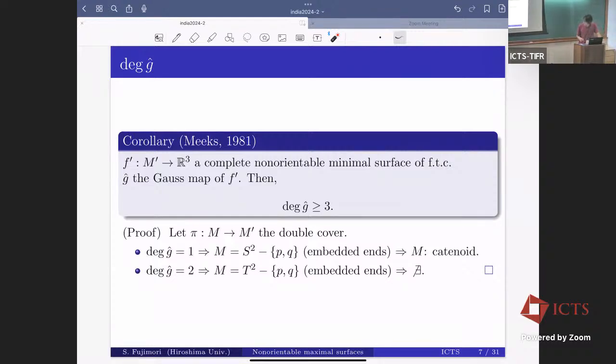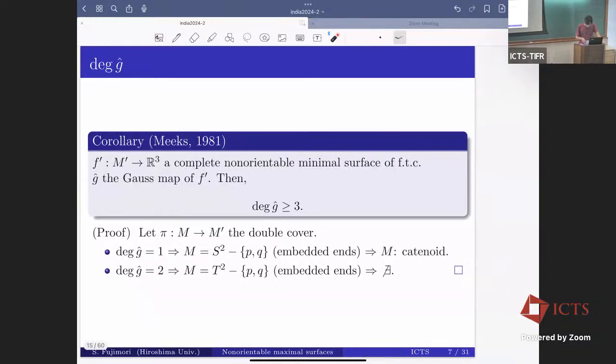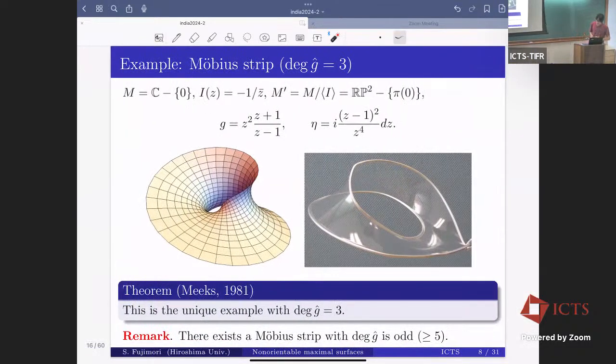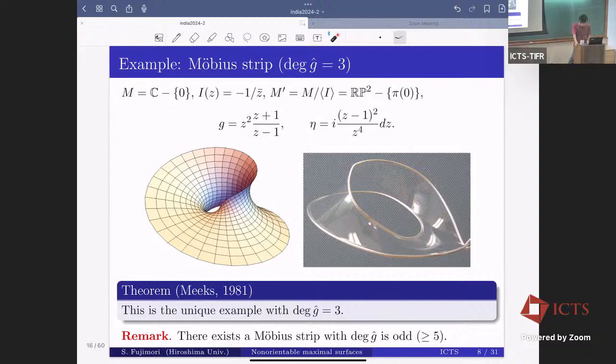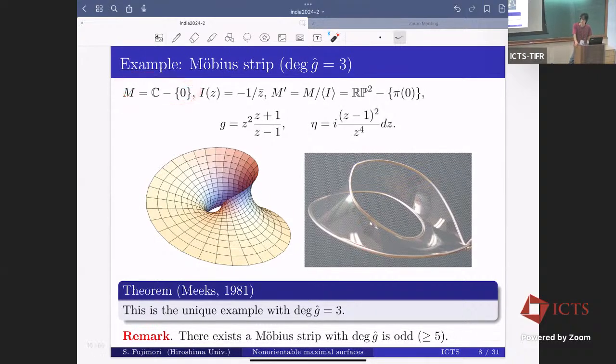And then Meeks also has the following example, the Möbius strip. Let M, the double cover, be C minus 0, so this is CP1 minus 2 points. Then I define the antipodal map, and then M prime, which is M over this I, is RP2 minus 1 point.